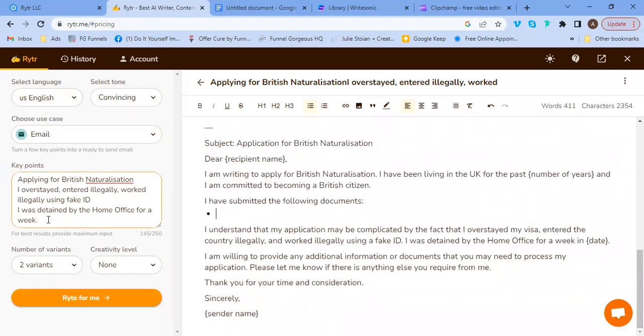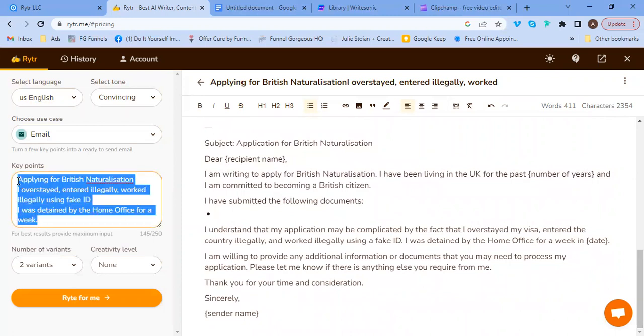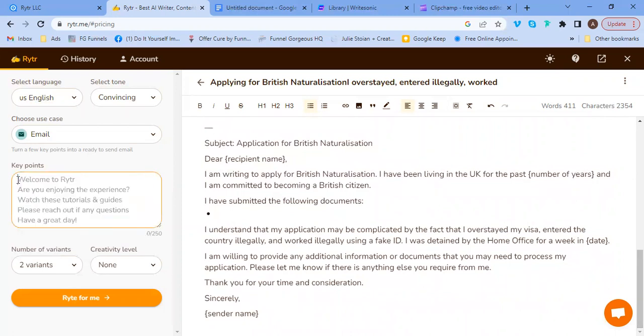Now, let's see if we can create another letter. So we'll delete that one, and we'll see we're applying for a partner's visa. And you overstayed. Okay, you are an overstayer. So you say, I am an overstayer in the UK.